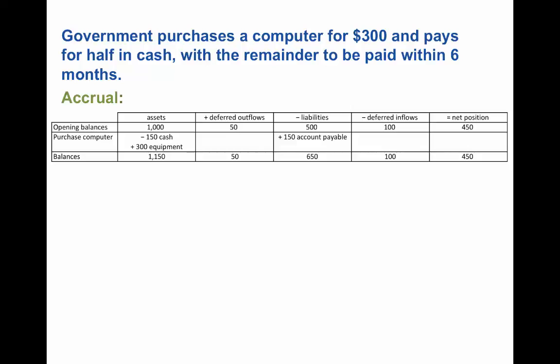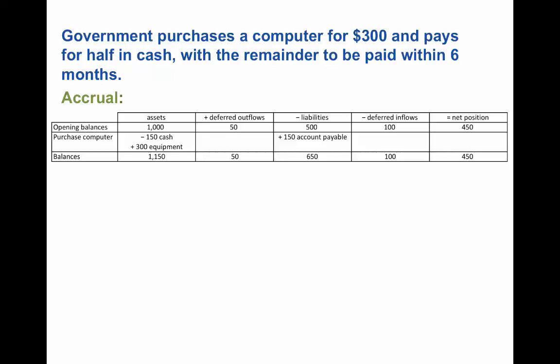I should step back for a second and make sure you understand this equation. The accounting equation was much simpler when we were talking about net assets, assets minus liabilities. But governments also report, and very soon will be increasingly reporting more of, deferred outflows of resources and deferred inflows of resources. You should make sure that you understand what those are.